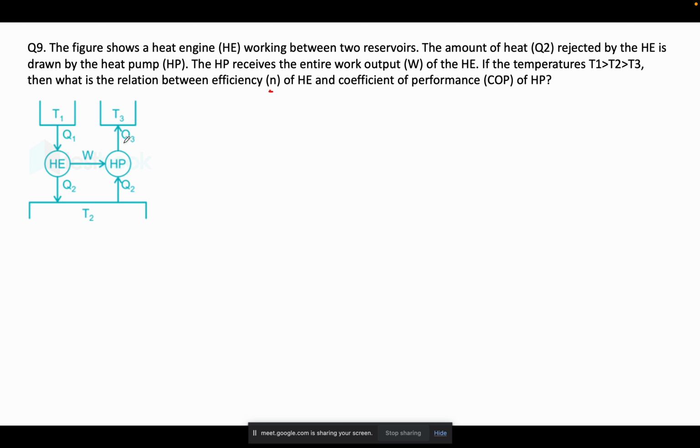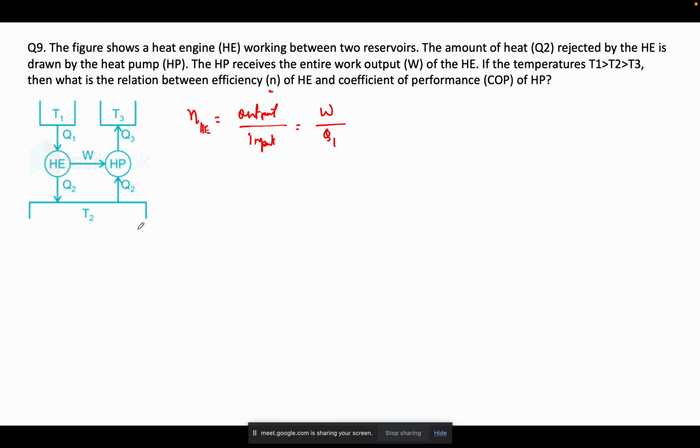Okay, so eta for the heat engine, what can we write this as? Output by input, and what is my output? My output is basically W, and what is my input? My input is basically Q1, correct?